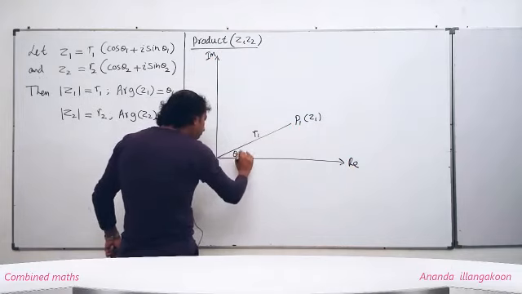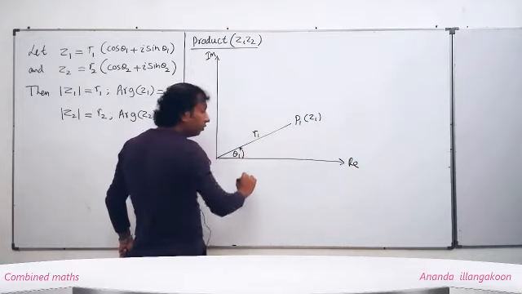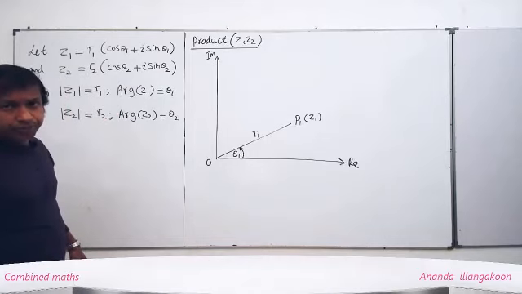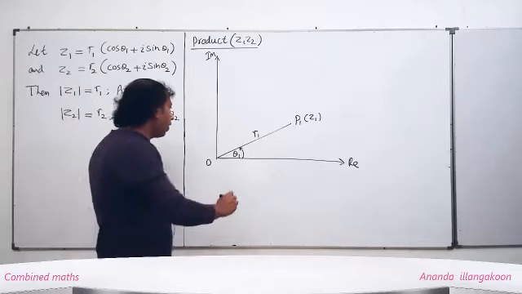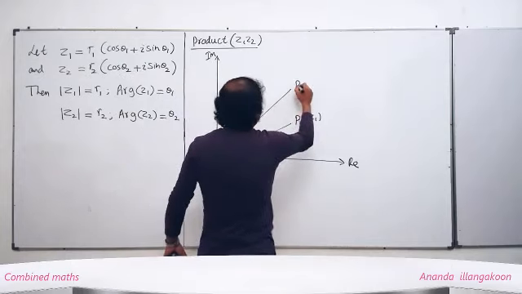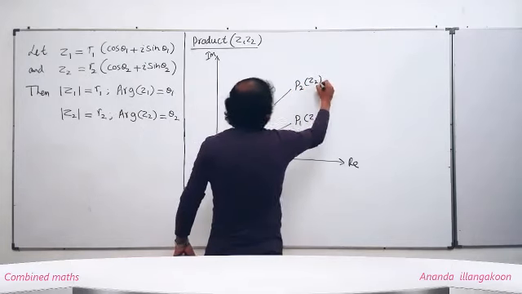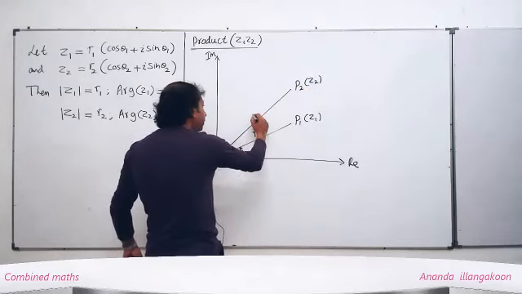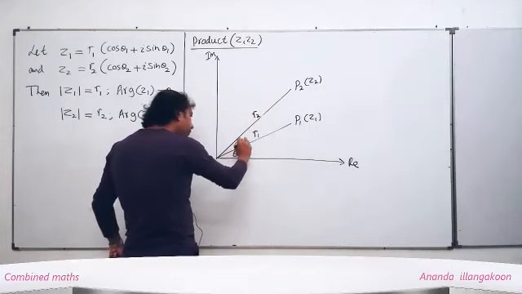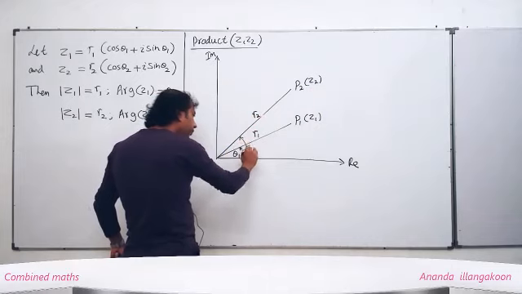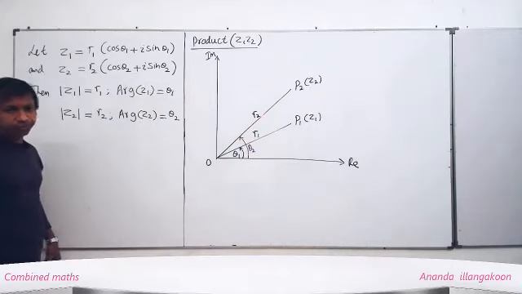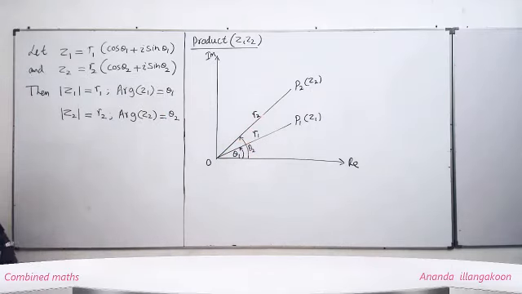This angle is theta 1, because complex number Z1 has the modulus R1 and argument theta 1. Right. So now I am going to mark the Z2 complex number like this. It is given by P2. The corresponding line segment should have the length R2 and this angle should be theta 2, because the argument of the complex number Z2 is theta 2. That's the reason. Up to here you can very clearly understand.